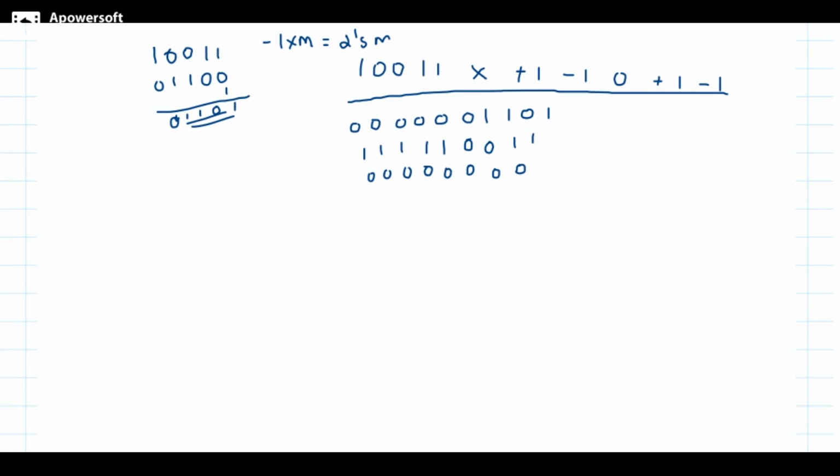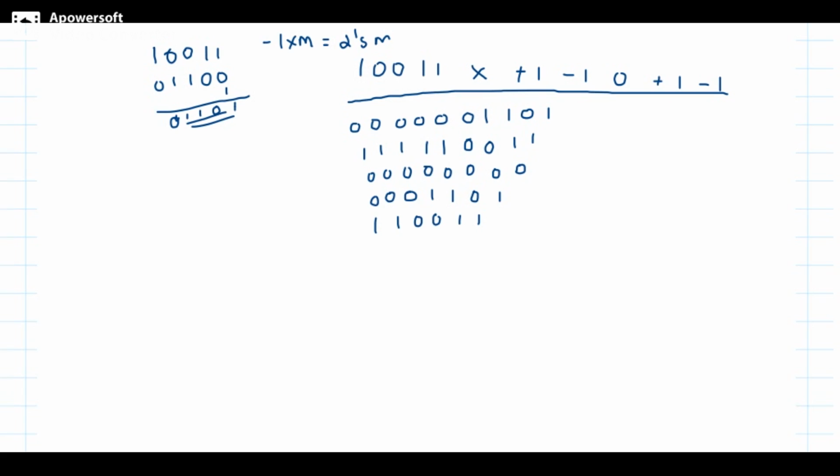Again minus 1 into m, so I take the 2's complement of m, that is 1 0 1 1 0. Once again plus 1 into m, I can write m as it is, 1 1 0 0 1, with sign extension as 1 itself.